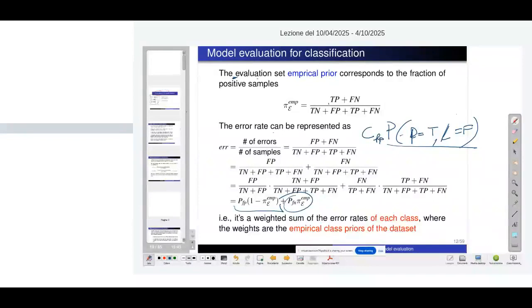So the cost that I expect to pay based on the errors that the classifier makes when the false positive rate and false negative rate are those that I measure on my evaluation set, where the empirical prior is the application prior, and the cost of the different errors is defined by whoever wants to measure the performance. Of course, the cost is not for us to decide.